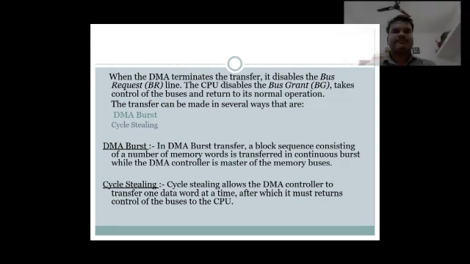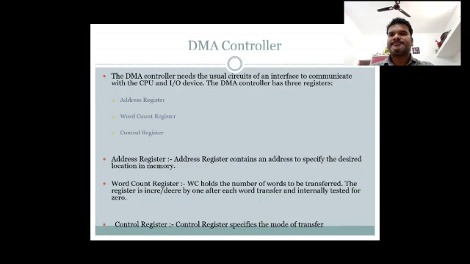The DMA controller needs the usual circuit of an interface to communicate with the CPU and input-output device. The DMA controller has three registers. First, address register, second, word count register, and third, control register.